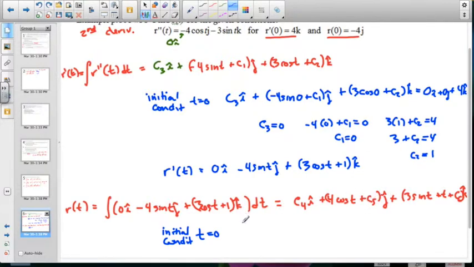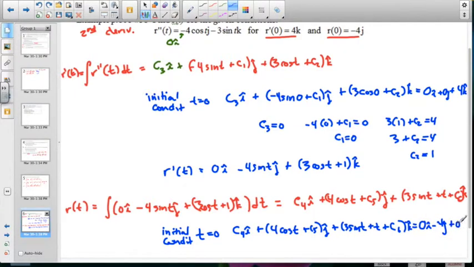So for t equals 0, I have C4 i plus 4 cosine t plus C5 j plus 3 sine t plus t plus C6 k, and that whole thing has to equal 0i minus 4j plus 0k.